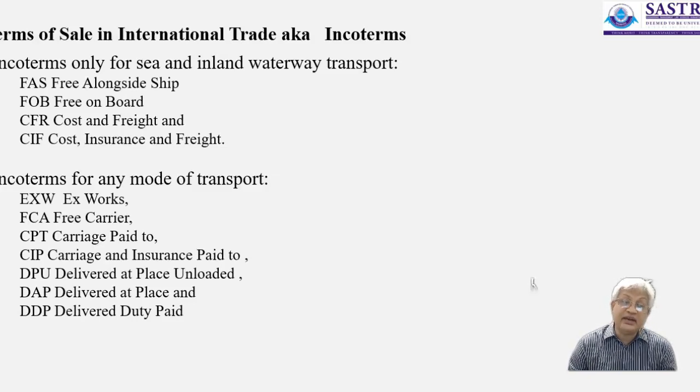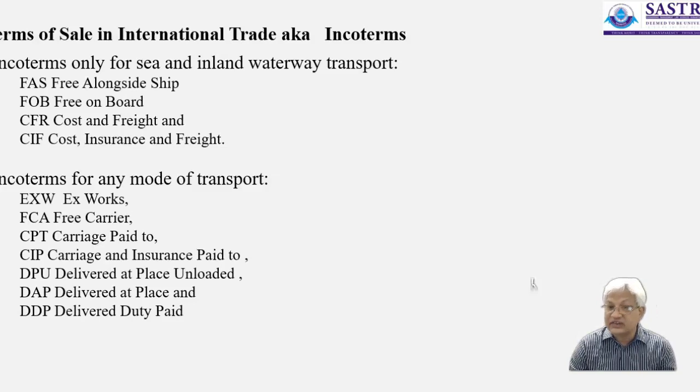Next is DAP, delivered at place, and finally DDP, that is delivered duty paid. So we have some in the E starting group, that is X-Works. Then we have some groups which start with C. Then some group starts with F and some group starts with D.